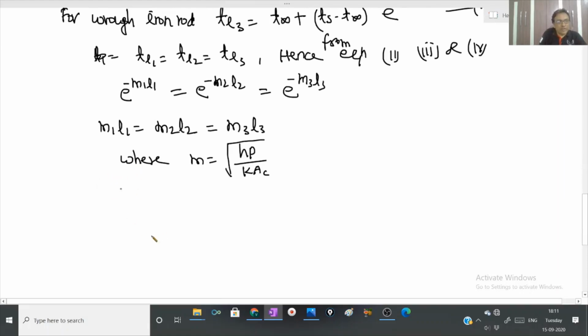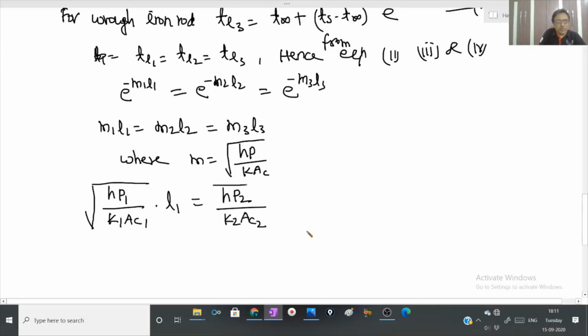So m1 will be square root of h into P1 over k1 into Ac1, into L1, is equal to square root of h into P2 over k2 into Ac2, into L2, is equal to square root of h into P3 over k3 into Ac3, into L3.